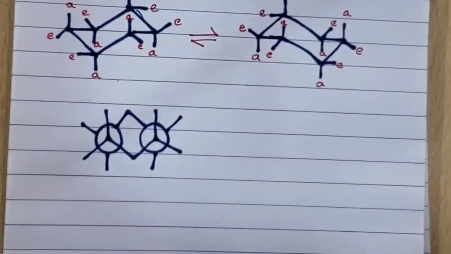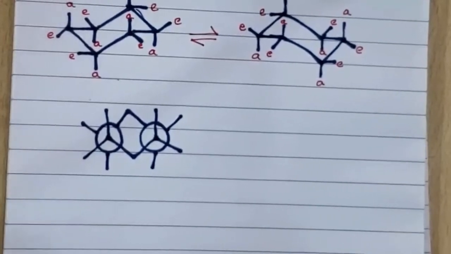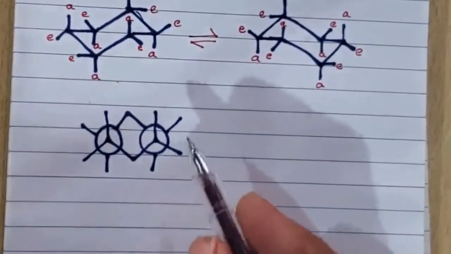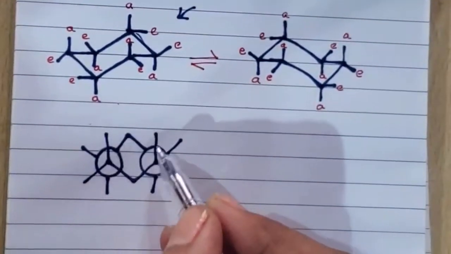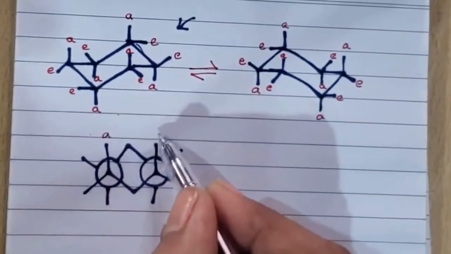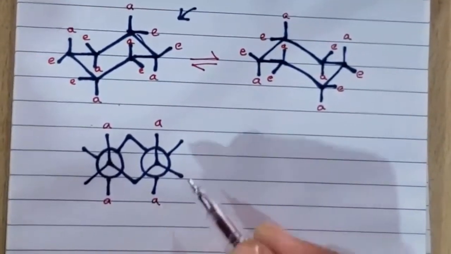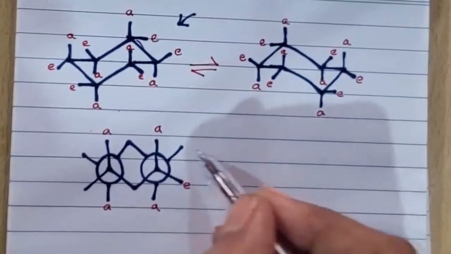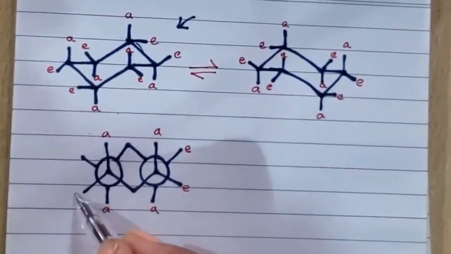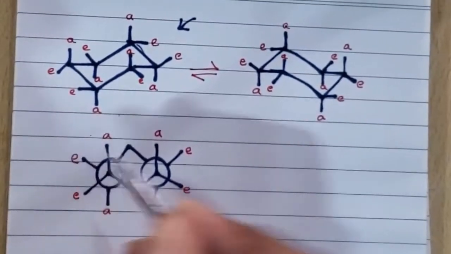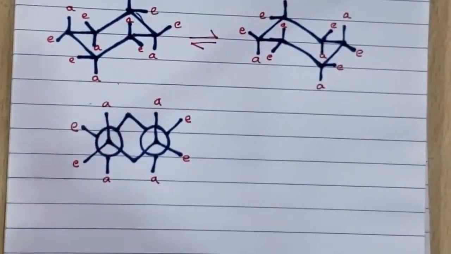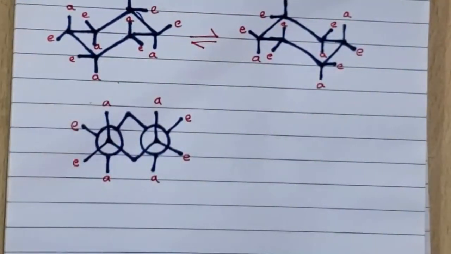From this structure, those bonds which are vertical are nothing but the axial bonds. Those which are not vertical are nothing but the equatorial bonds. Okay.